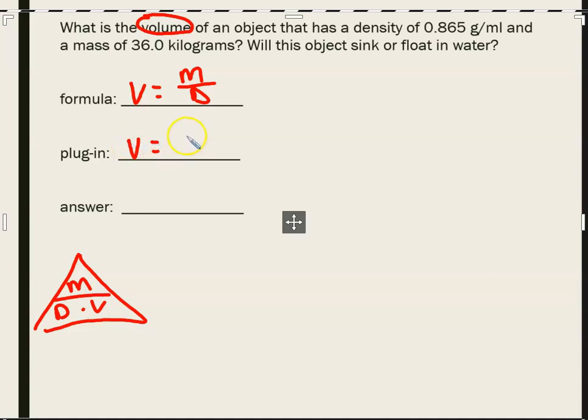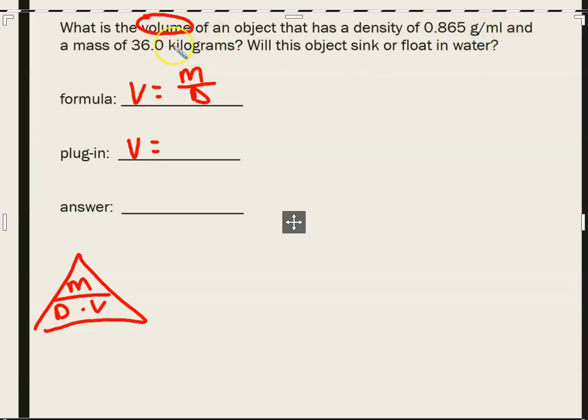Volume is the mass divided by the density. So if I start reading this problem, you'll see the density has its unit of gram per milliliter, meaning this substance is a liquid. Does have some mass, but it's milliliters of liquid.